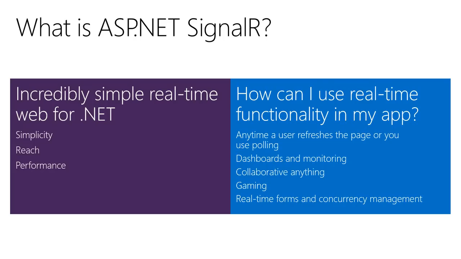If you think about all of these things it talks about over here, it's really cool: dashboards and monitoring. Normally in a browser-server application, you have to hit refresh. If I have a dashboard and I want to see what's happening with my system, I have to hit refresh to get all the updates.